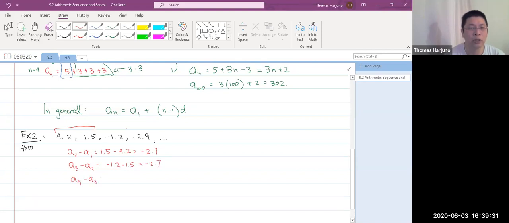You don't want to think that it is arithmetic while it turns out it is not. You will see this is also negative 2.7. So from here, we see that the first term is 4.2 and the common difference is negative 2.7. So we confirm that it is arithmetic.